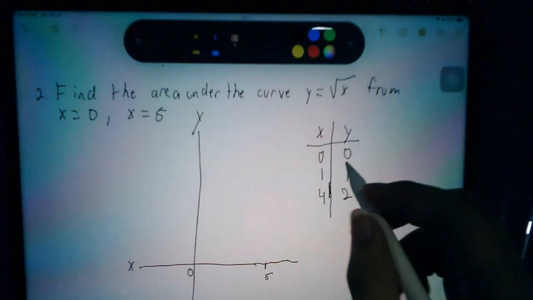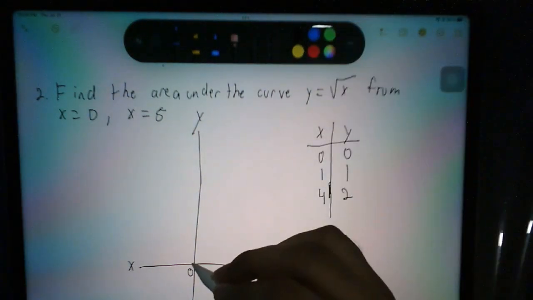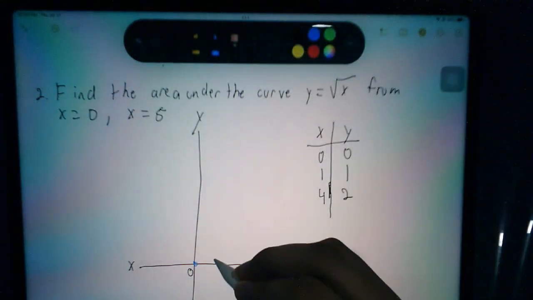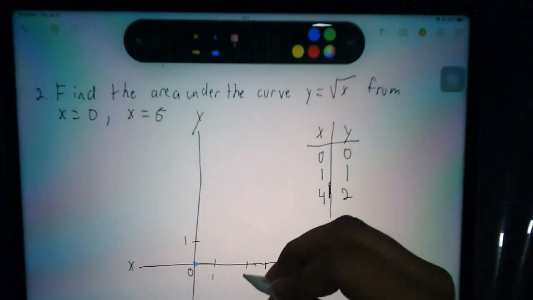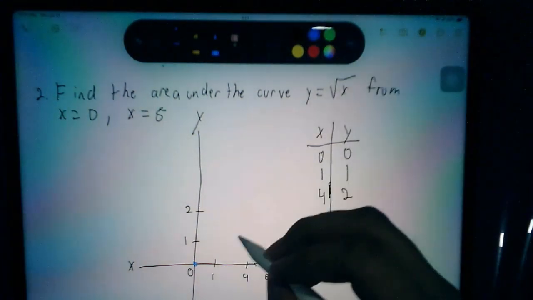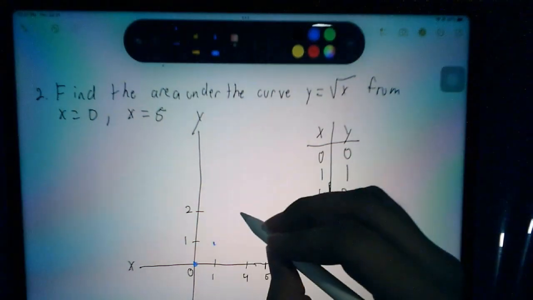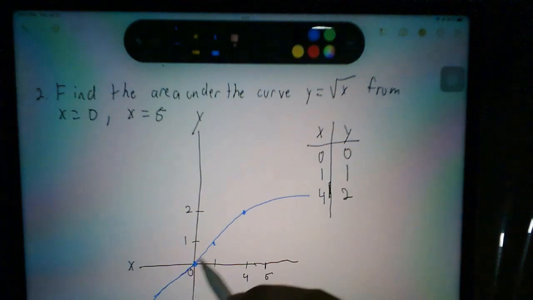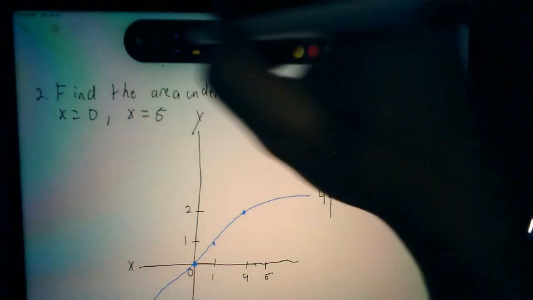So by plotting in the points, x equals 0, y equals 0, this is our first point. Then x equals 1, and this is also 1, and x equals 4, and our y is 2. By plotting in the points and connecting them, it should look like this.